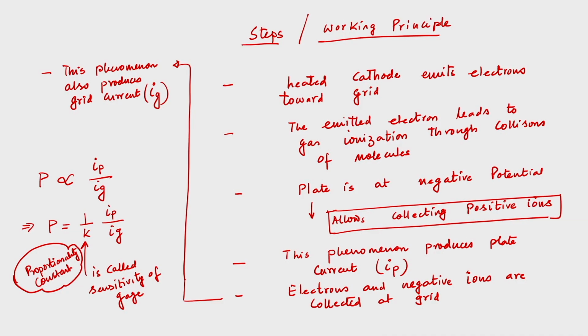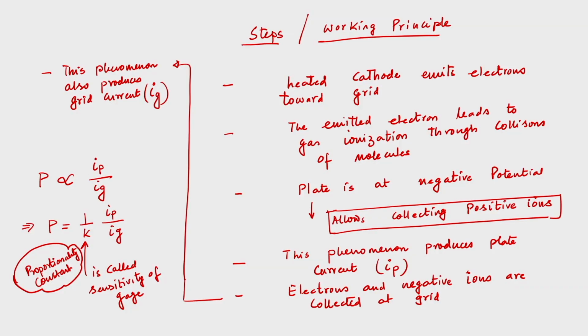The ratio of these two currents gives us information about the pressure inside the chamber, the gas pressure, the number of gas molecules, and the collision of the molecules. That essentially gives us the thermodynamic pressure that we would like to measure.